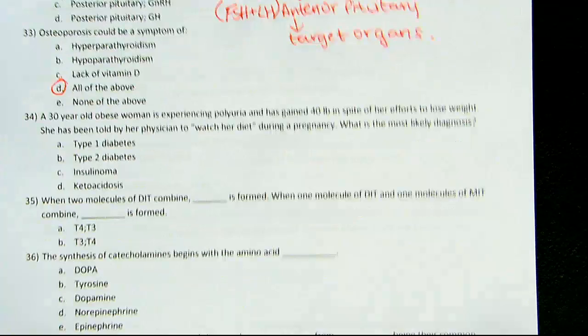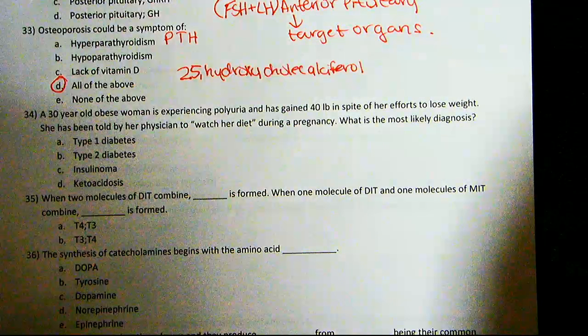So this is more characteristic of type 1. Molecules of DIT combine, blank is formed, and you guys should be familiar with how T3. And then if the female is bleeding, but if she doesn't, stays dormant until puberty, and it's under the control of oocyte maturation.